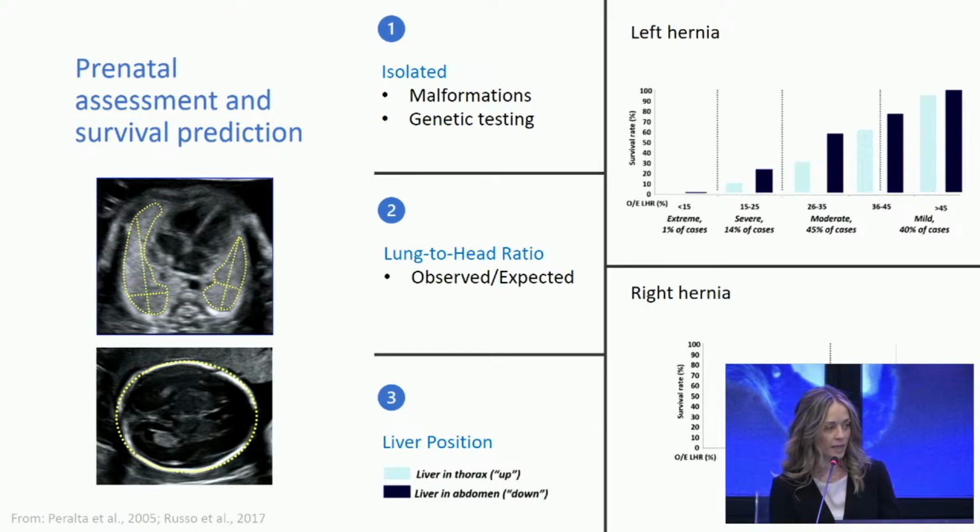Then we try to estimate lung dimension and therefore lung hypoplasia by measuring the so-called lung-to-head ratio. And finally, we define if the liver position is up in the thorax or in the abdomen. According to these parameters, and also to the affected side, we try to stratify patients in different risk categories.